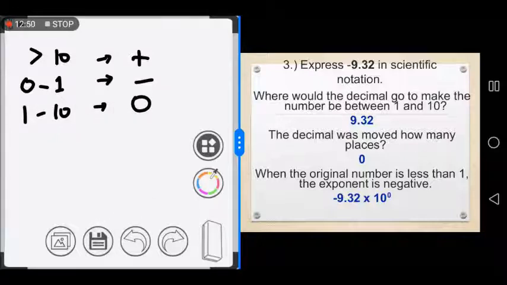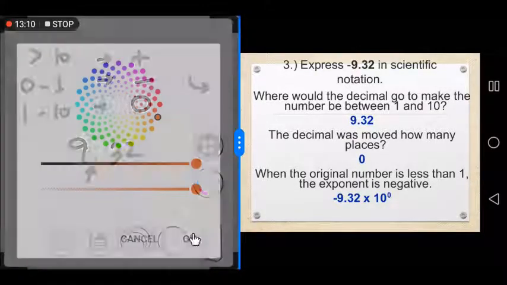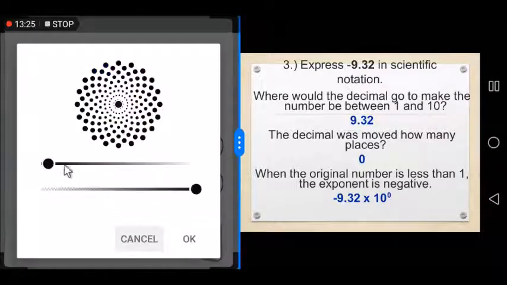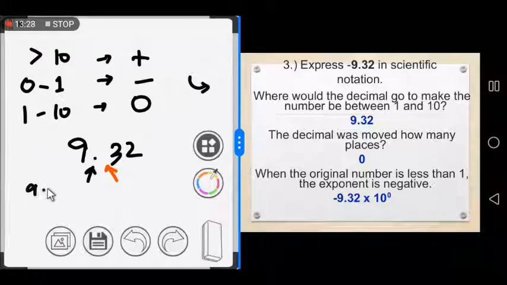So, i-identify natin bakit. Based on our given, ang given natin is negative 9.32. Disregard muna natin yung negative sign. So, since ang original position na ng decimal point sa 9.32 ay dito, and the first non-zero digit is 9, dun pa rin dadalhin yung decimal point. Kung mapapansin nyo, wala naman pong iginalaw yung atin pong decimal point. So, kaya po, ang atin pong A will still be 9.32.